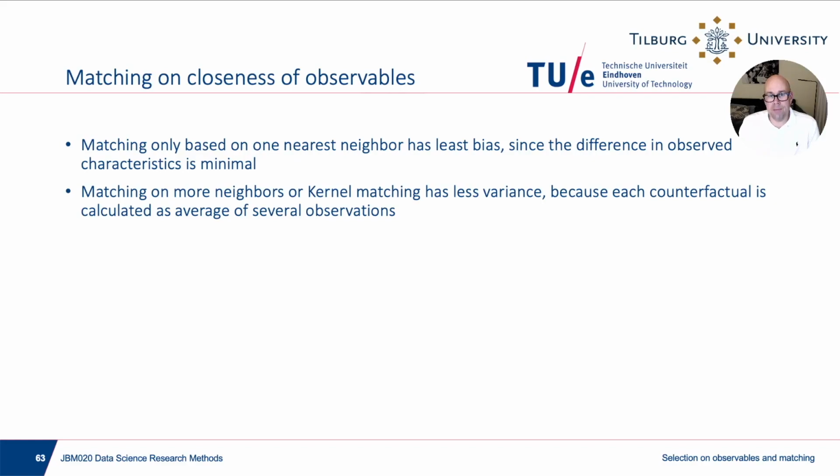Now a little bit more guidance. So matching only based on the nearest neighbor has less bias. So there's a bias-variance trade-off here. It has less bias since the difference in observed characteristics is minimal. However, matching on more neighbors has less variance, because each counterfactual is calculated as the average of more observations, intuitively speaking.